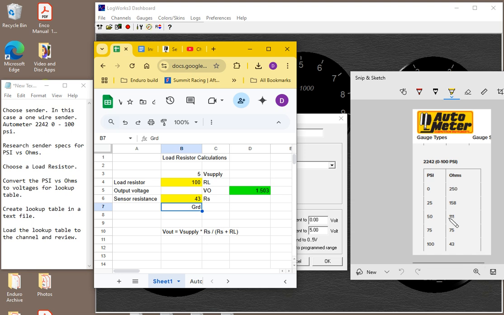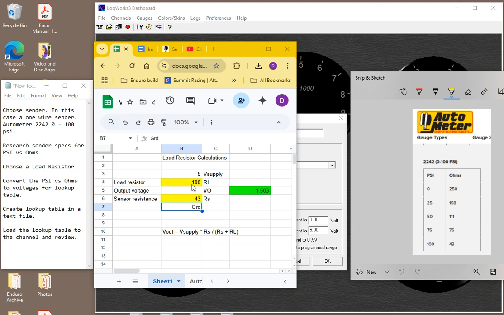We don't need the ohms after this part. Now we have to create a lookup table that just has the PSI readings and their voltage readings.